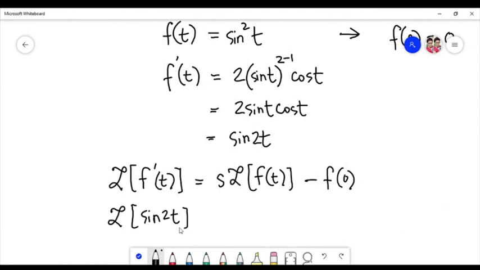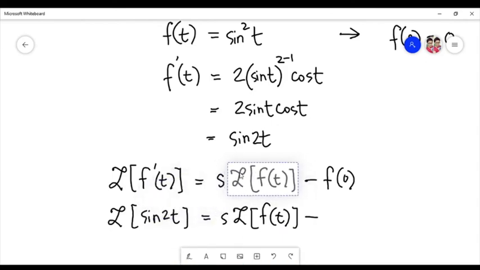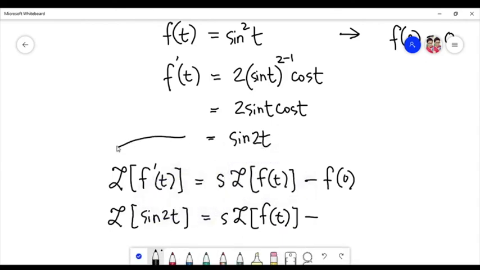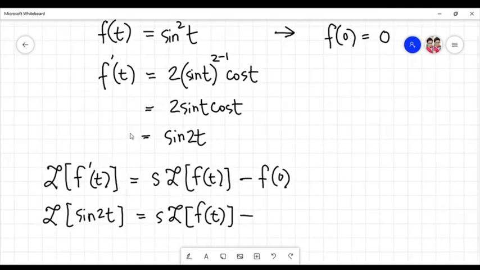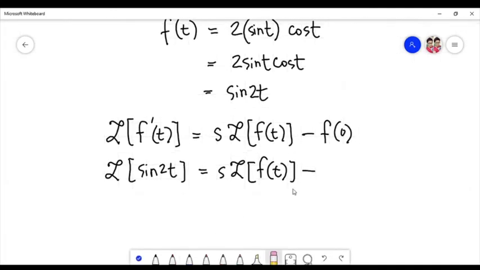So the Laplace transform of sine 2t is equal to s multiplied by the Laplace transform of f of t minus f of 0. Earlier, f of 0 is equal to 0. So therefore this is 0. So we can evaluate the Laplace transform of sine 2t.